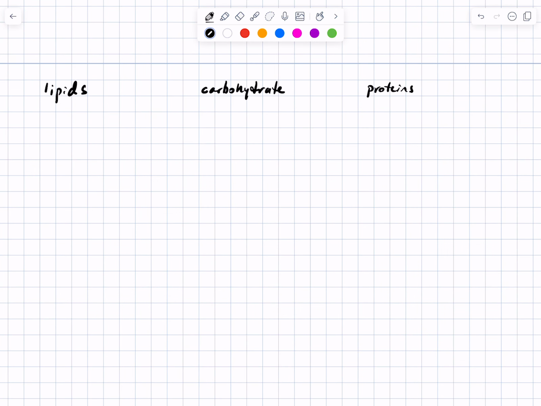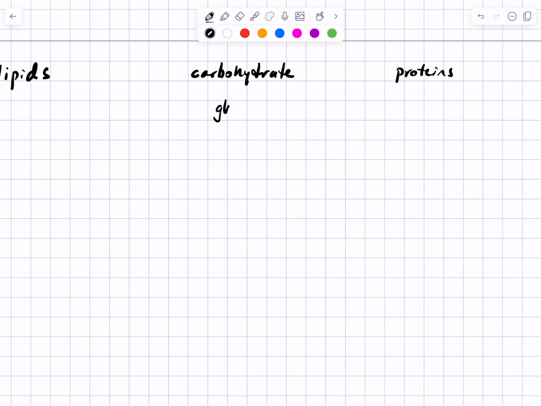So what you need to know about carbohydrates is the process of going from glucose through something that's called glycolysis, or sugar lysis, or breaking of sugars, to a molecule that's a 3-carbon chain called pyruvate.